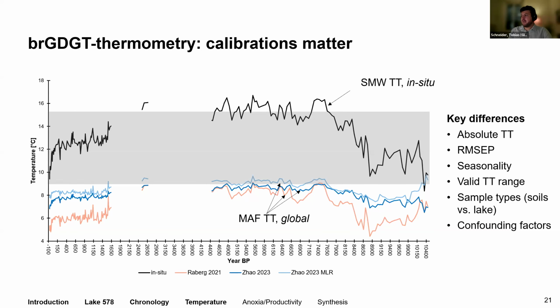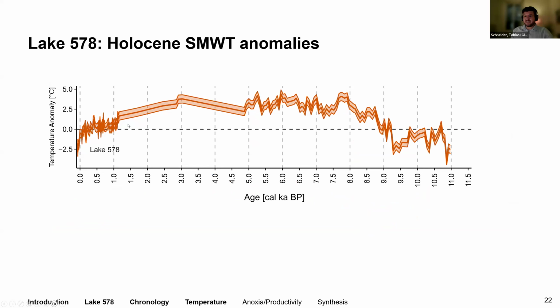Just keep that in mind, because for example here we now have the anomalies. It's the same temperature reconstruction based on the in situ temperature, but with anomalies calculated over the Holocene. For example, we see now that here it's just linearly interpolated, so we need to be careful between these two periods, because we basically don't have any data.